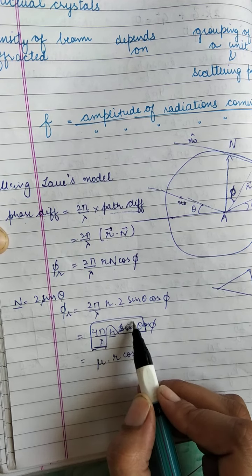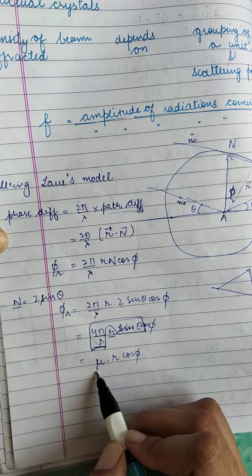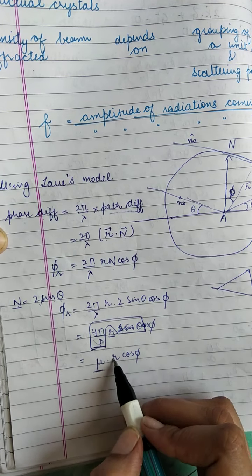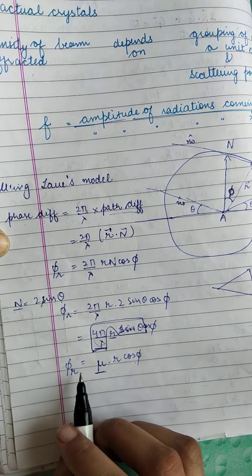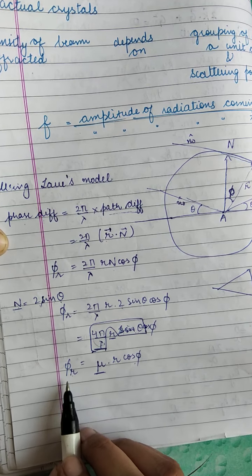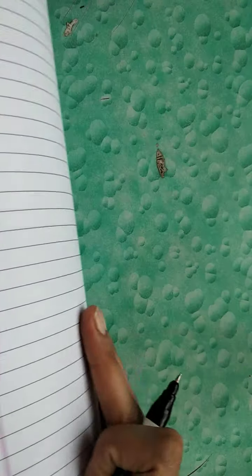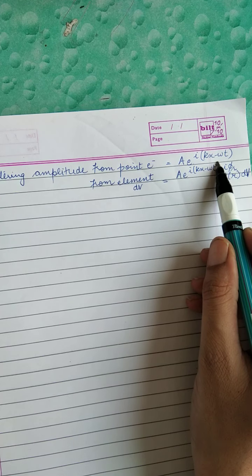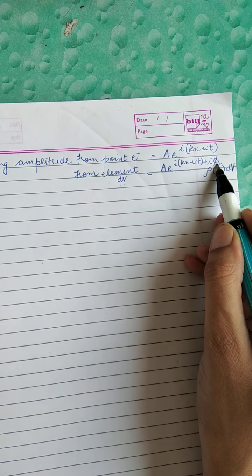So all this thing, 4 pi by lambda into sin theta, we have renamed as mu, and then after this is r and this is cos phi. So from here we have calculated the phase difference phi of r, which is equal to mu r cos of phi. So the scattering amplitude from a point electron would be this, and from the element dV would be this plus iota into phi of r.